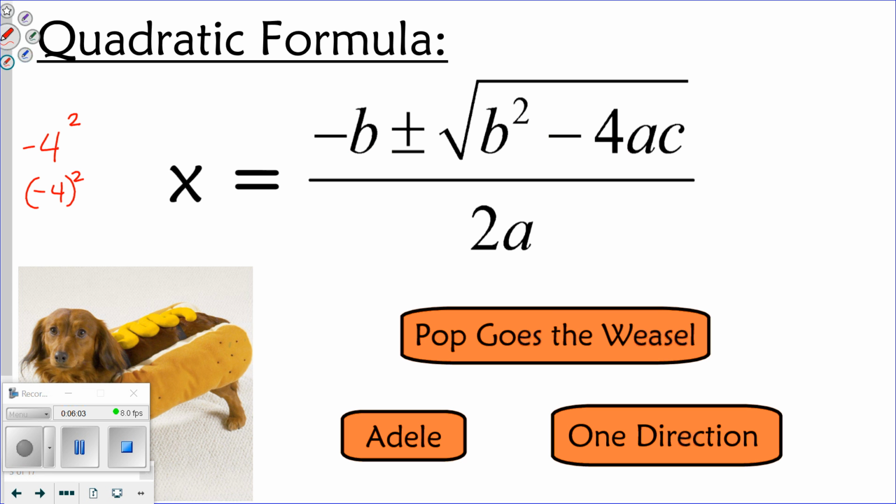This one would give you positive 16. Okay, there's a difference. Look at your formula. Do you see how there's a square on there? To be safe, put in parentheses. I would make sure that is always in parentheses, okay? That way, whether it's negative, it's positive, whatever it is, you're just used to throwing it in parentheses, and that's not the issue later.